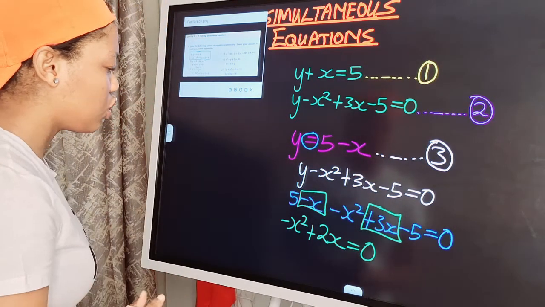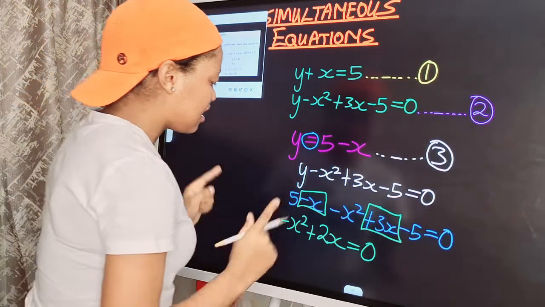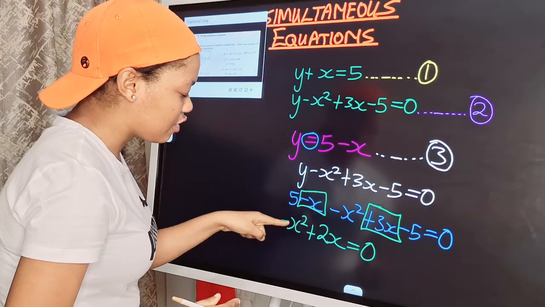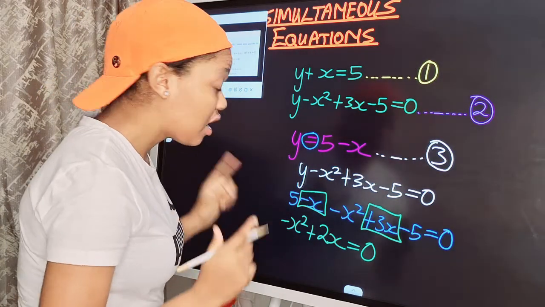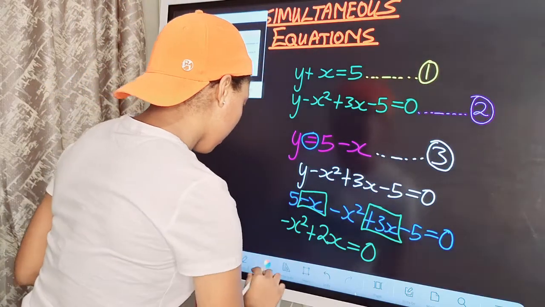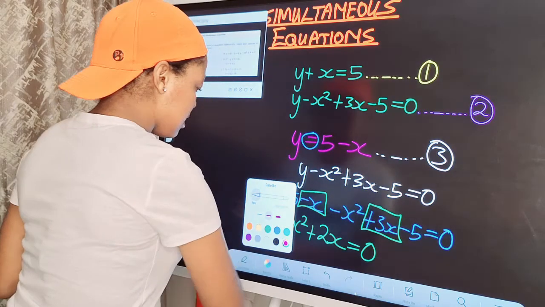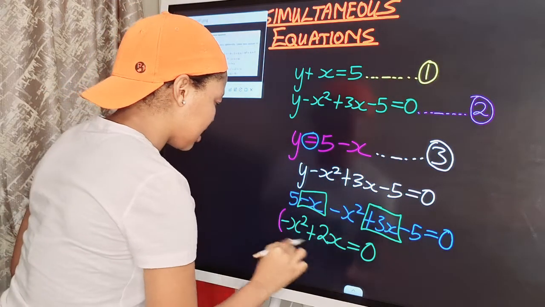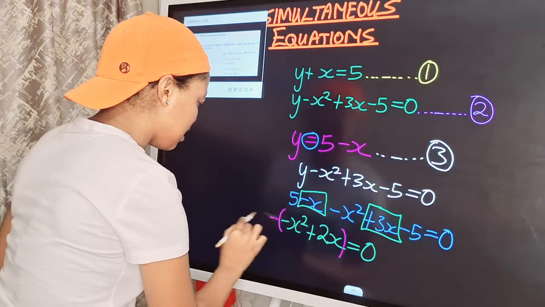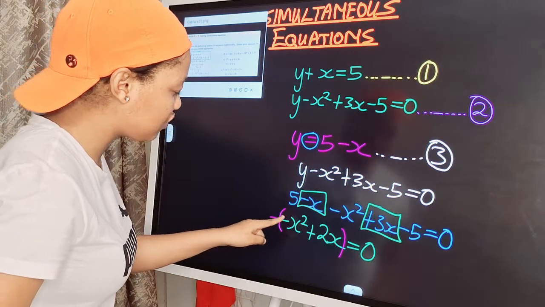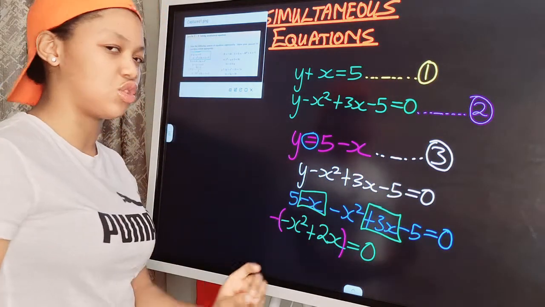Then from here, what are we going to do? The next step is to change x squared from being a negative to a positive. How do we do that? If we want to change x squared from negative to positive, we multiply the expression by negative. Negative times negative gives us positive x squared.